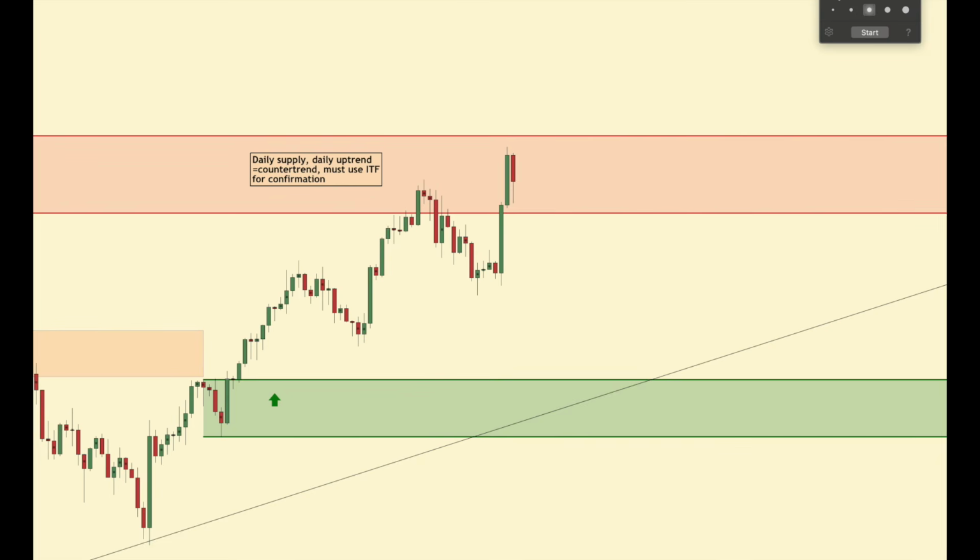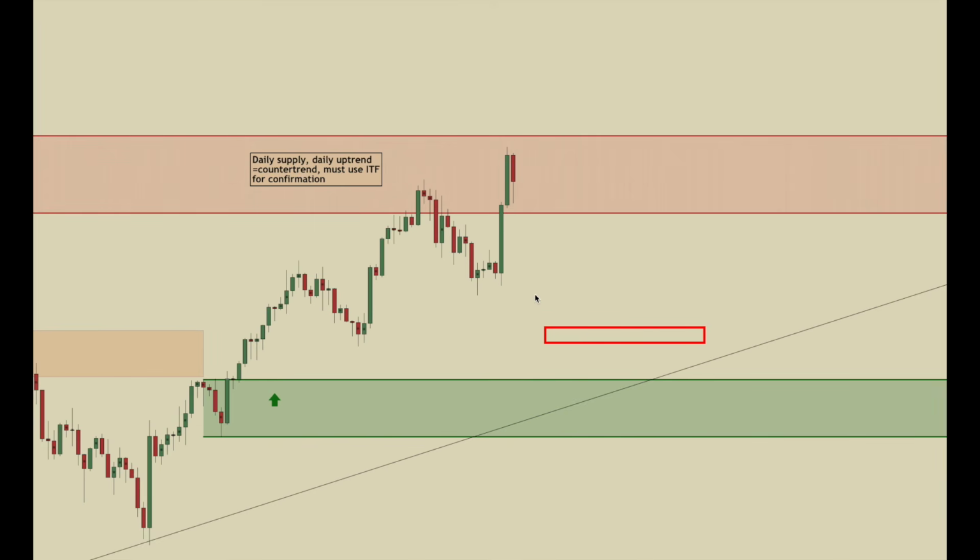So to recap, you have two types of confirmation. You have opposing zones. Let me get my tool here. You would have two zones, and then you'd want to see them both removed for confirmation.